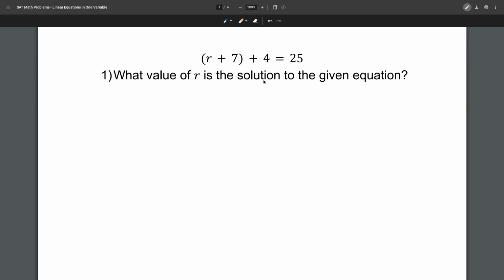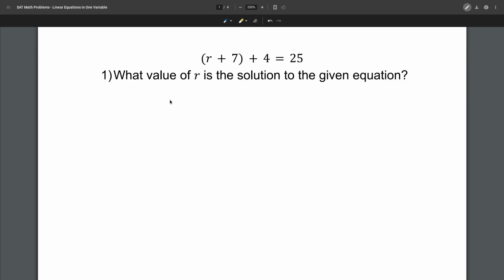With this type of problem, you notice that r plus 7 is grouped together inside these parentheses. However, there's no number written in front. We could understand that there is a 1 in front here, but 1 times r and 1 times 7 would give me r plus 7. So we really can ignore that.